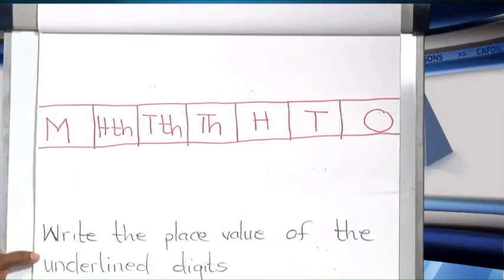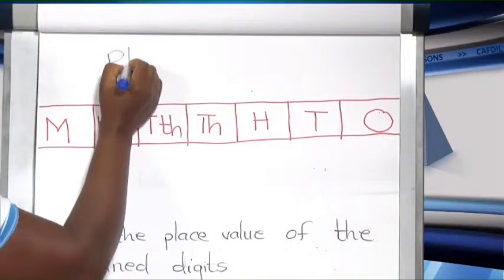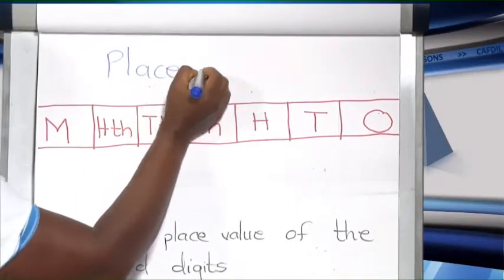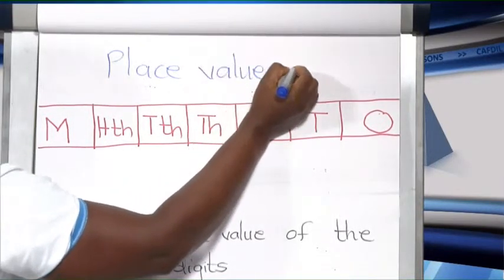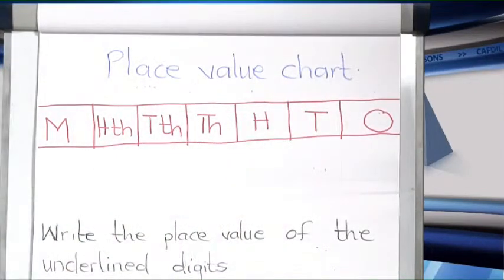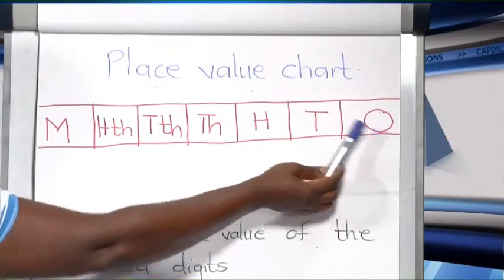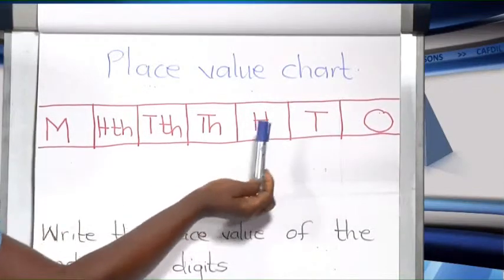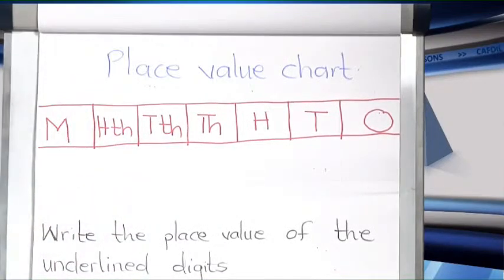So this is our place value chart. We always start from the extreme right. We have ones, tens, hundreds, thousands, 10,000s, 100,000s, and then millions.